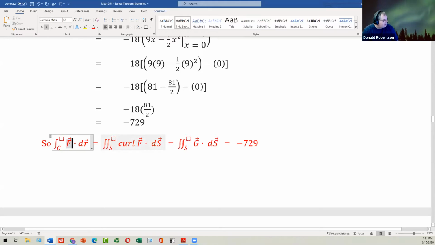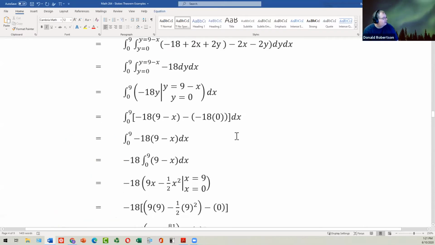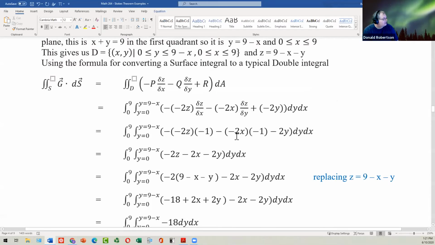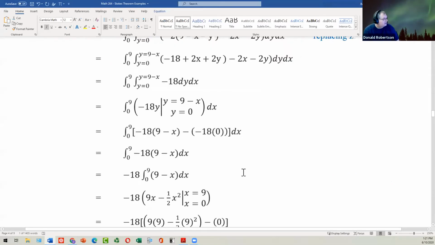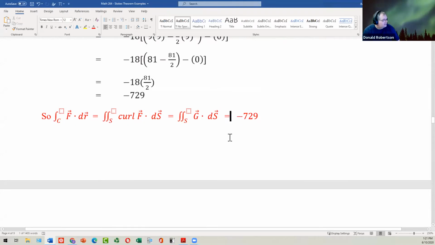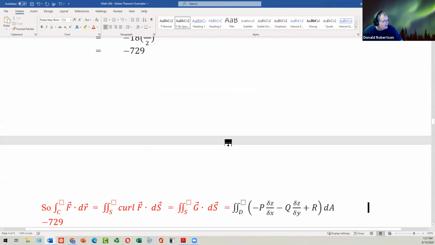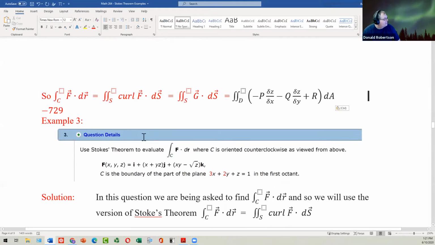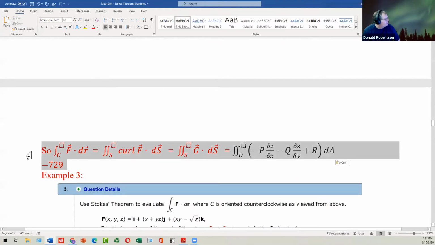It became this surface integral, which in turn became this surface integral, which in turn became that guy. And I'm going to have to shrink this up a little bit so I can get it all to fit.